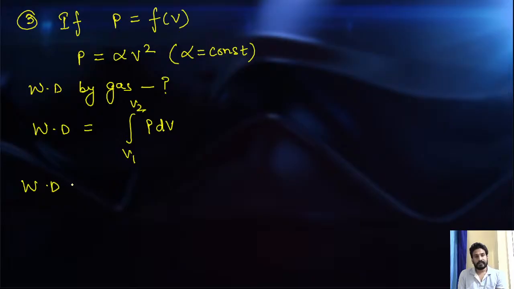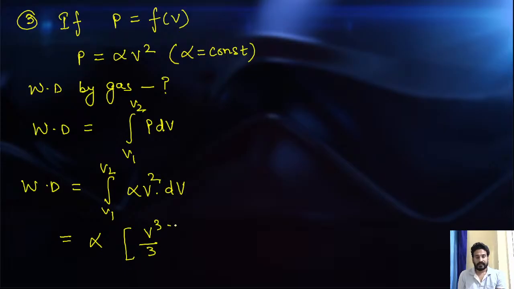Work done is equal to the integral from V1 to V2. The P value is alpha V square, so alpha V square into dV. Alpha is a constant, you can take it out of the integration, and it is V square dV. What is the integration of V square? It is V cube divided by 3, from V1 to V2.